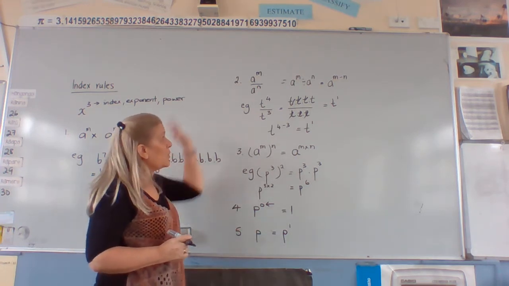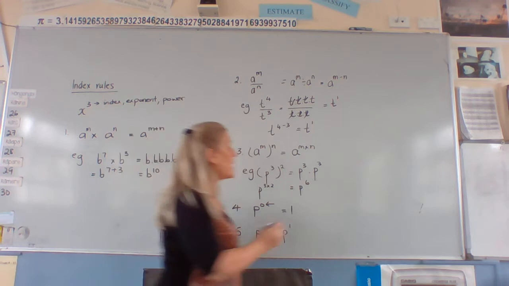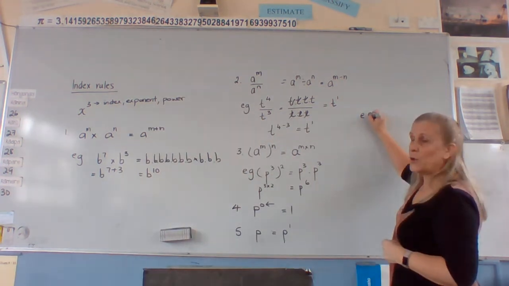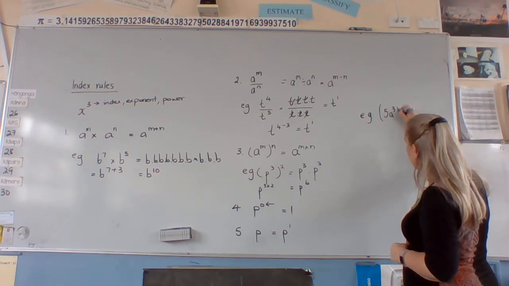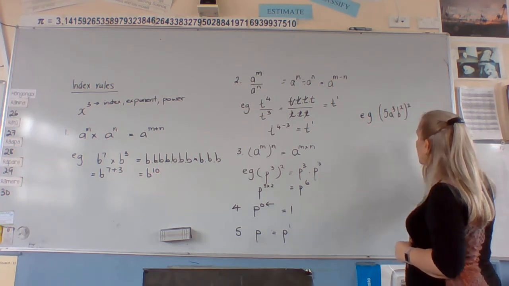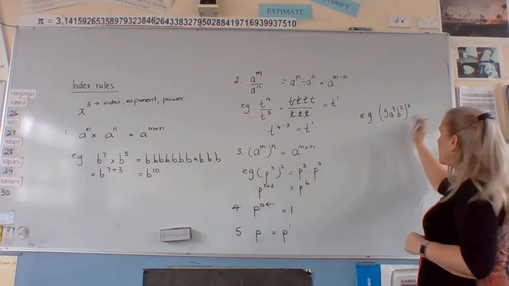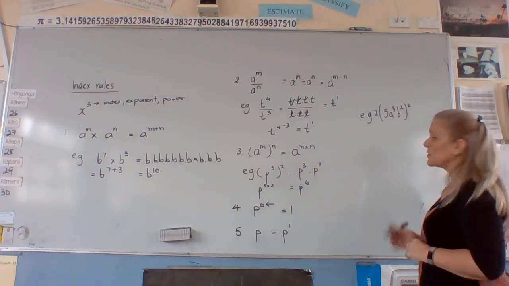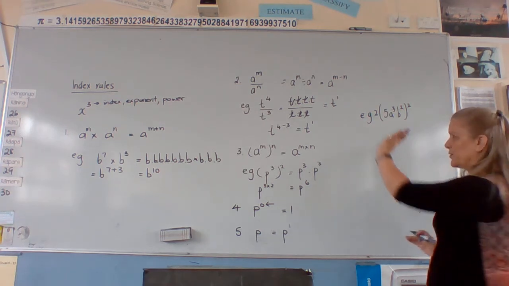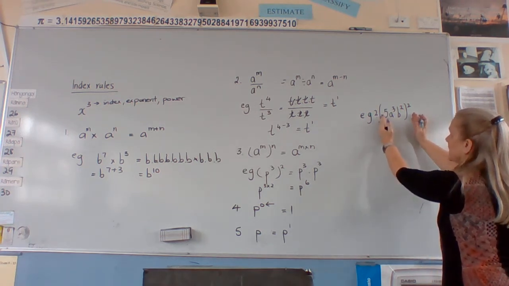All right? So using these rules, just one more example here, a trickier one. If we've got something like this, everything in that bracket, inside the bracket, not outside. So if there was a number out here like 2, it's not included. It's 2 of these.